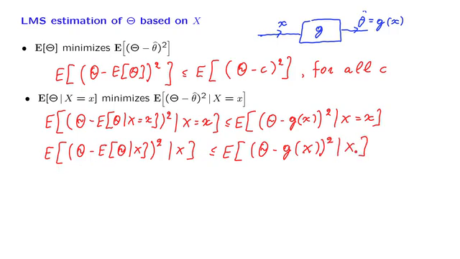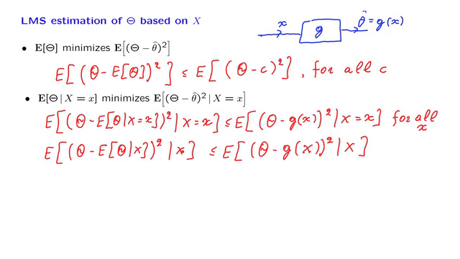What does this inequality say? This inequality is simply an abstract version of the previous inequality. The previous inequality is true for all little x. Here we have an inequality between random variables. This random variable here is a random variable that takes this specific numerical value whenever capital X takes the value little x.